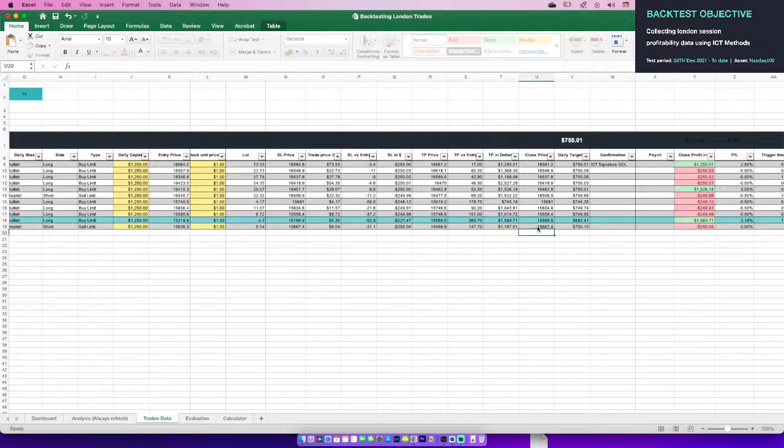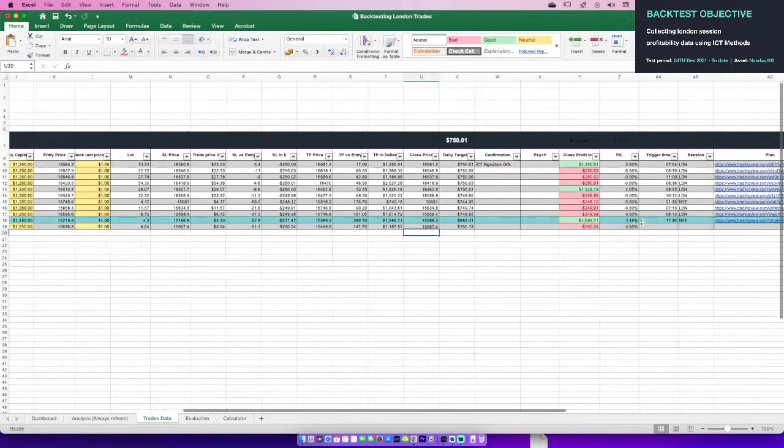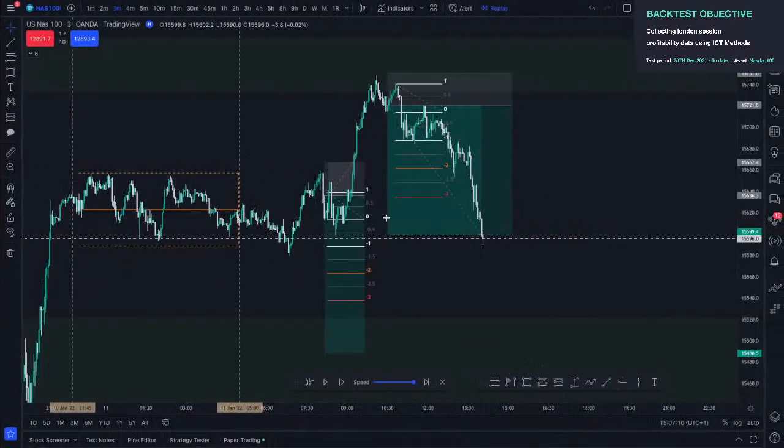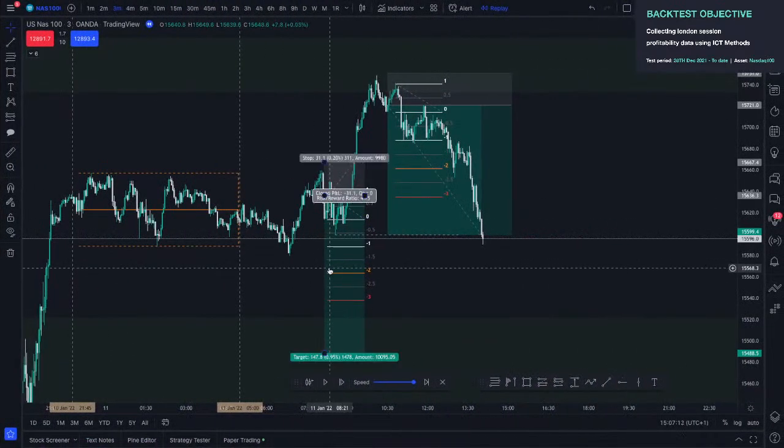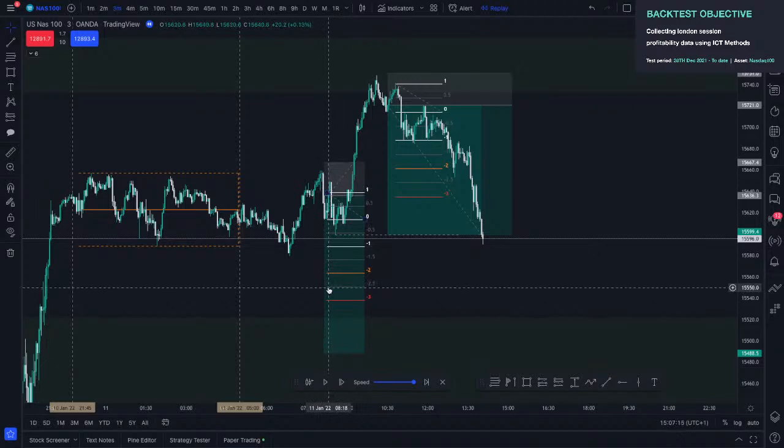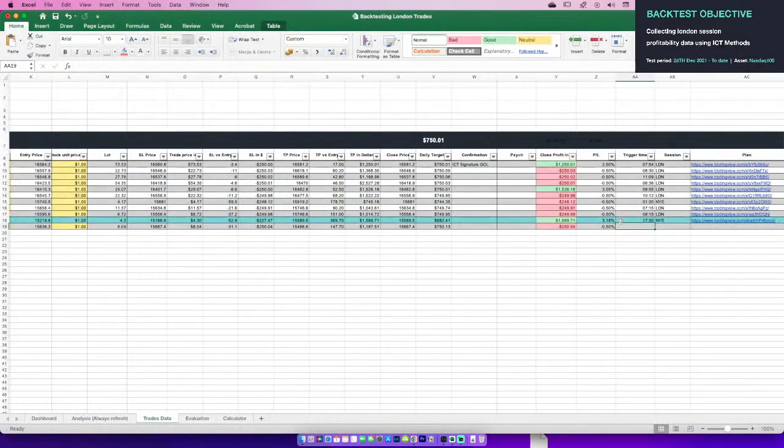So I got stopped out, and the trade was triggered at 8:18, during London session.